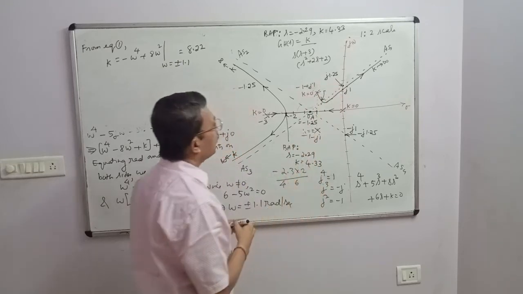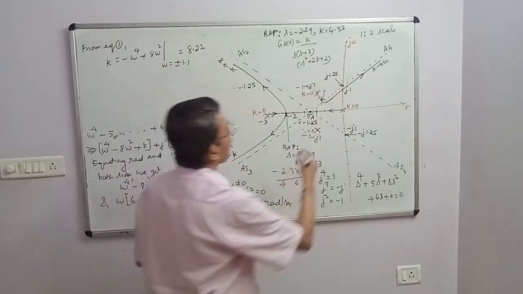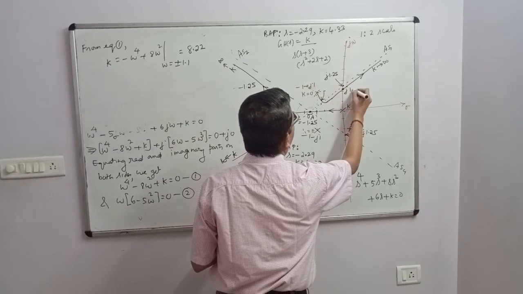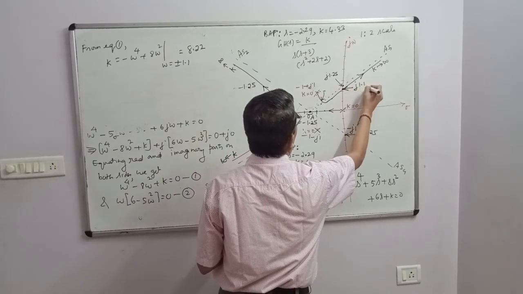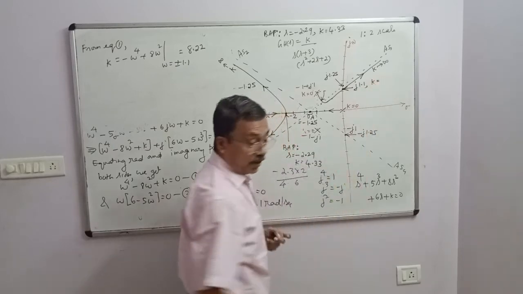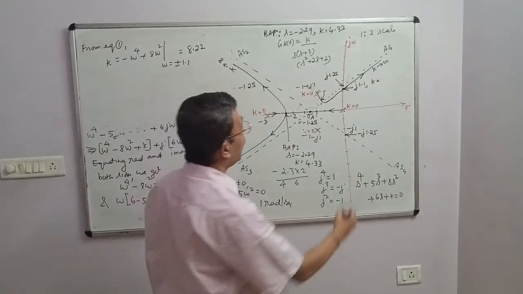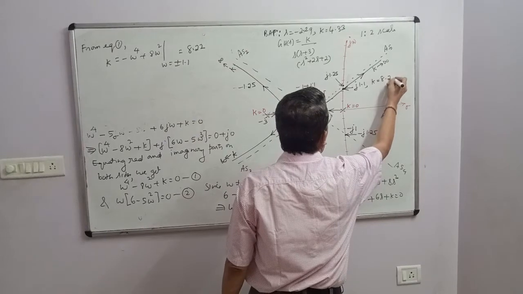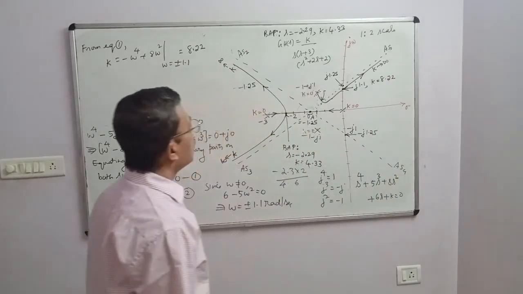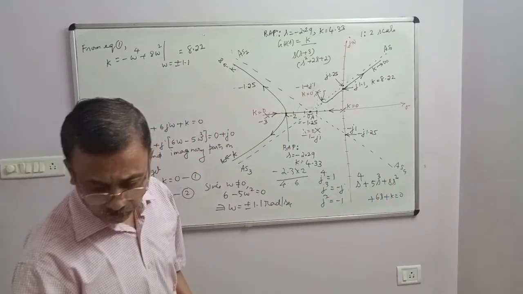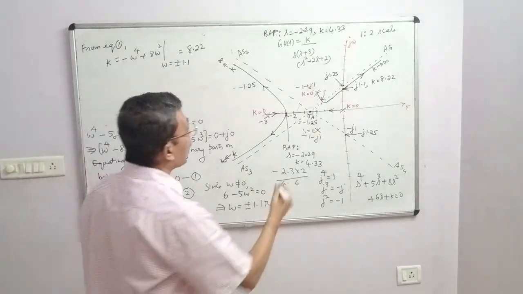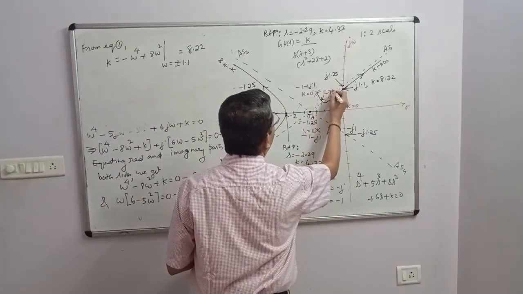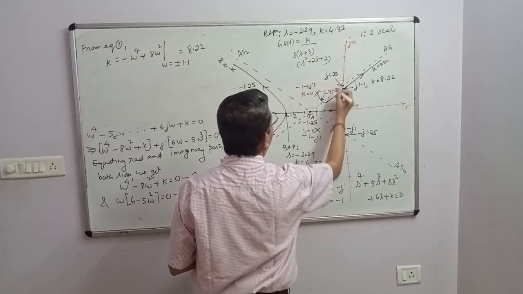The point where the root locus crosses is j1.1. The value of k there is 8.22. Angle of departure is minus 71.56 degrees, so I will write here, this is minus 71.56 degrees.